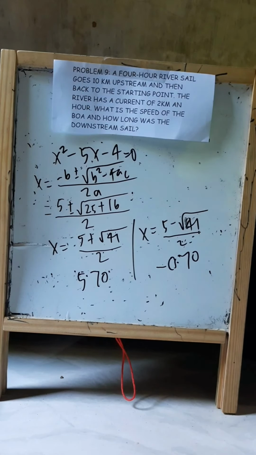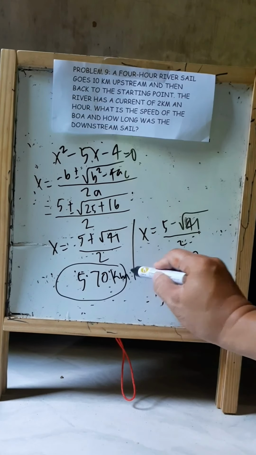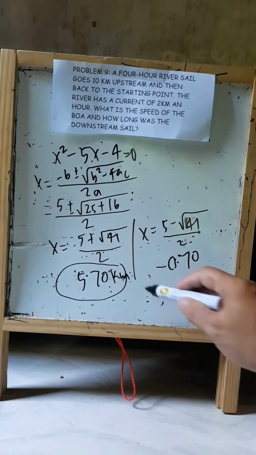So negative 0.70 is not accepted because negative yan. So the speed of the boat is 5.70 kilometers per hour. Okay, that is the speed of the boat.